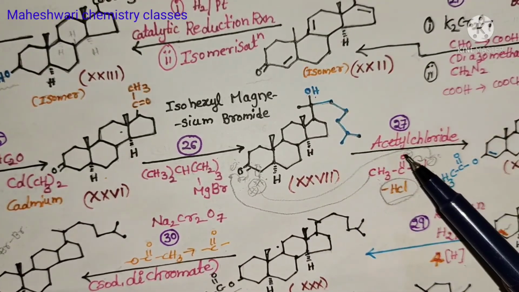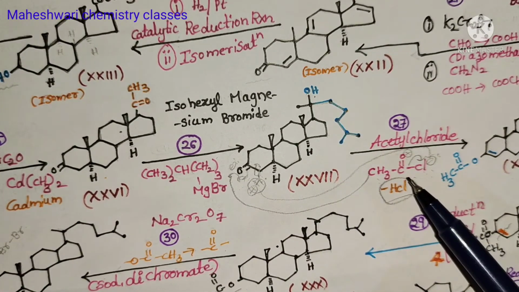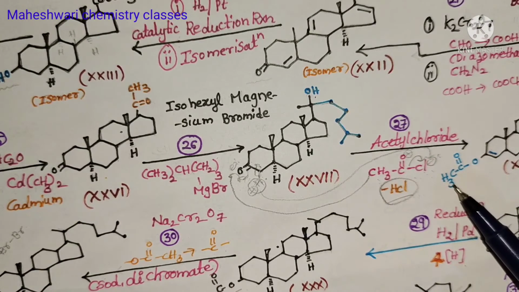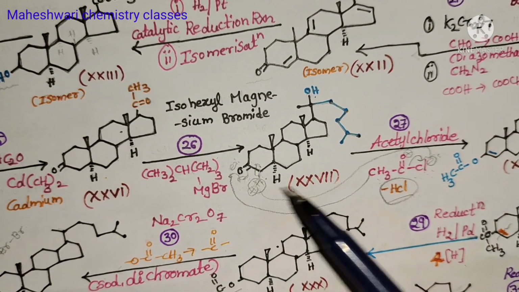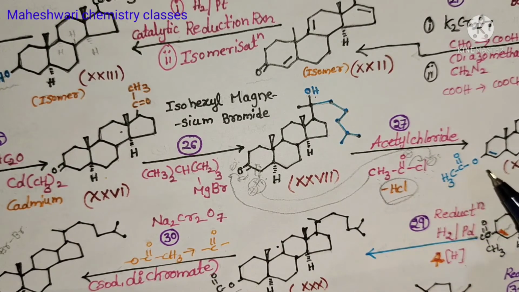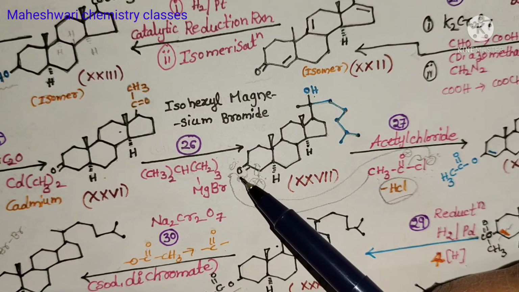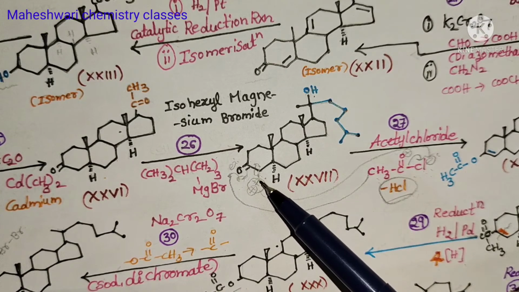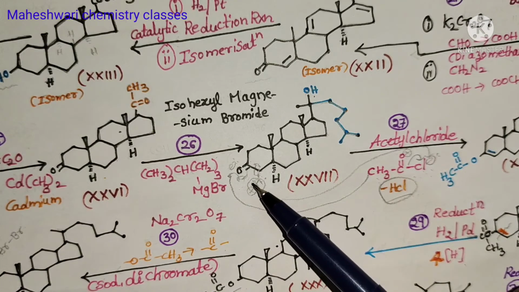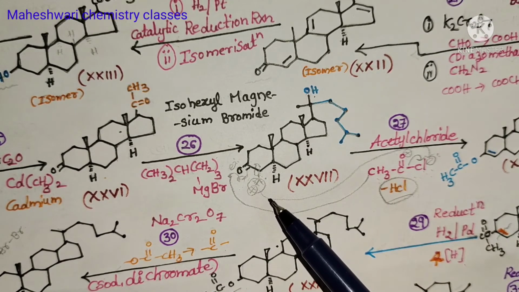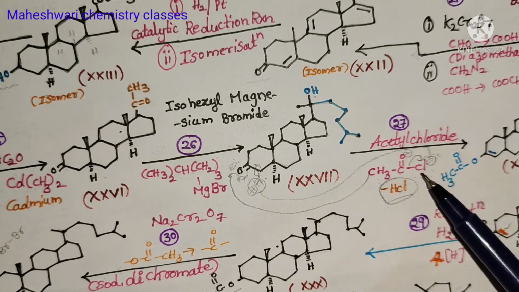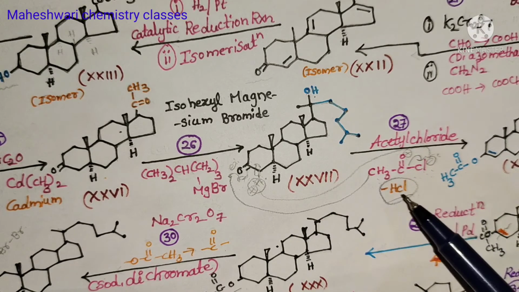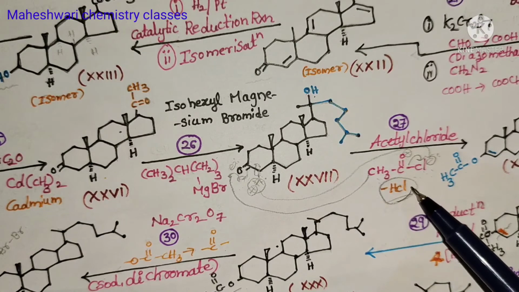Again it reacts with acetyl chloride. So here the OH group is converted to an acyl group, OC double bond OCH3. The pi bond is rotated towards this side, minus charge, and here the hydrogen is rotated towards this side, H plus is eliminated. This eliminated H reacts with this Cl minus and forms HCl.